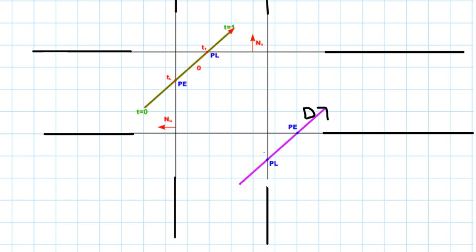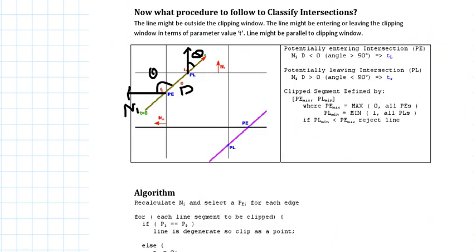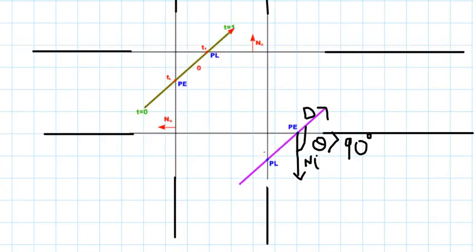And again, assume the outward normal vector Ni with respect to this bottom edge, and now the angle between these two lines is greater than 90 degrees. So the potentially entering intersection condition takes place here. So you can term this point as potentially entering point.